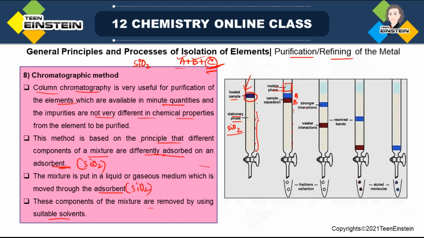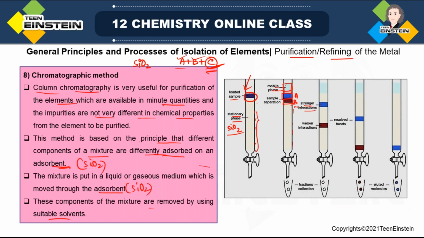Now see, A, which is the blue part, is suppose strongly adsorbed and less soluble in the mobile phase, and B, the maroon part, is more soluble in the solvent. So what will happen?